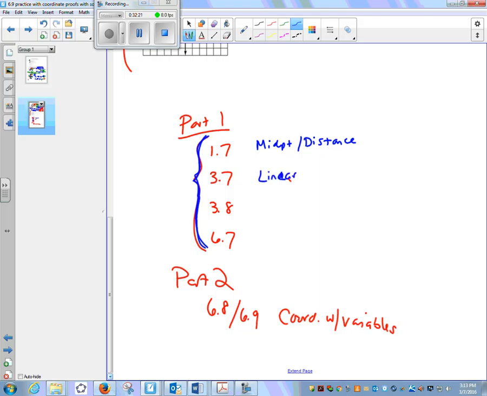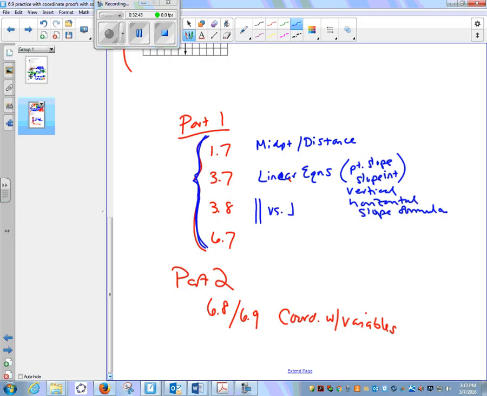This is linear equations, point slope form, slope intercept form, vertical lines, horizontal lines, and of course the slope formula. All of that, writing the equation of a line, all of that was in 3.7. 3.8 was parallel versus perpendicular, right?